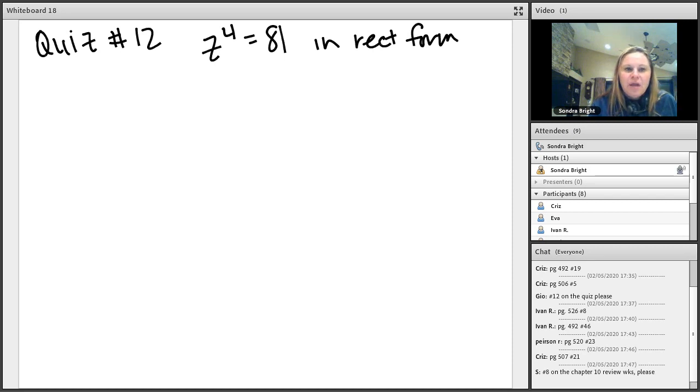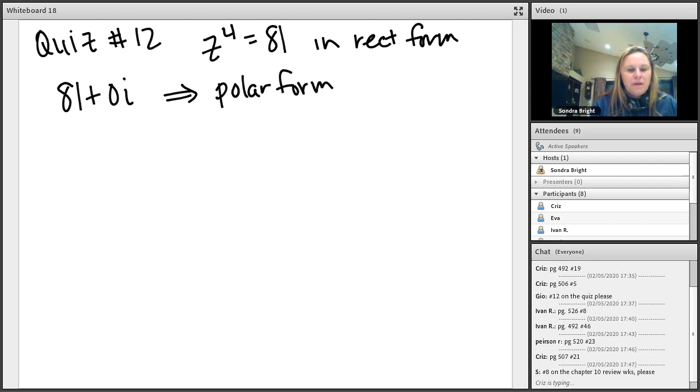But anyway, you do this the same way that I did that other problem where 81 plus 0i is rectangular form, and let's put it into polar form. Spoiler alert, your r is going to be 81. Your theta is going to be 0 because it's a positive real.